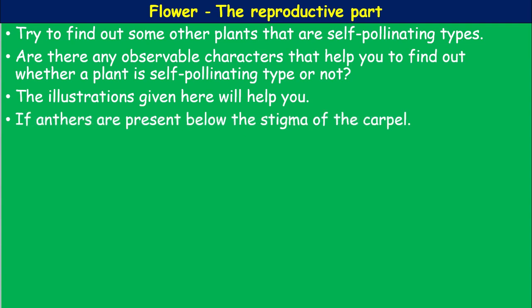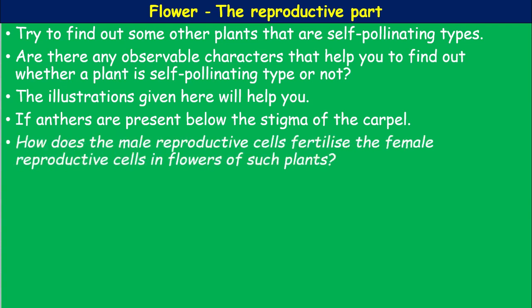So if anthers are present below the stigma of the carpel, okay, you might have seen in the flowers sometimes the anthers are below the stigma of the carpel. How does the male reproductive cells fertilize the female reproductive cells in the flowers of such plants? By cross pollination, obviously by cross pollination.